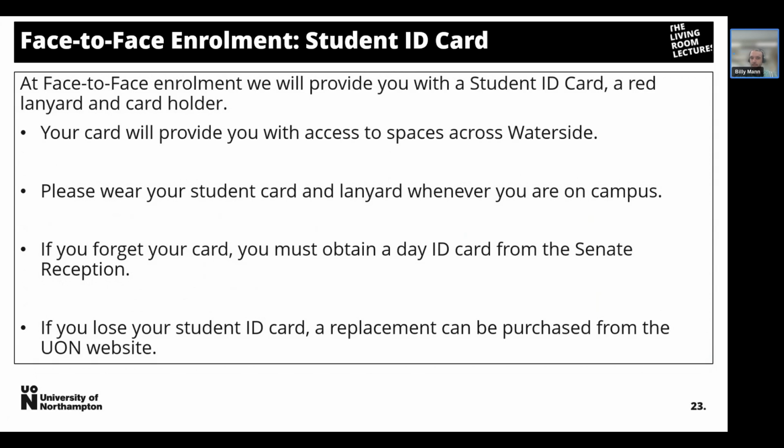It's a security concern, so we need to make sure that everyone on campus is a student, and therefore, please, whenever you're on campus, do make sure you're wearing your red lanyard with your student ID card in the card holder. If you ever forget your ID card, you can get a temporary day pass from the Senate reception. But if you ever lose your student ID card, then you can buy a replacement from the University of Northampton website.